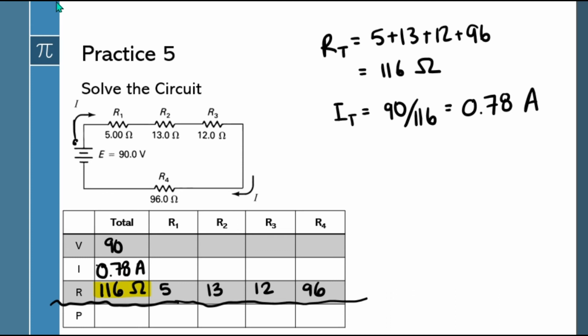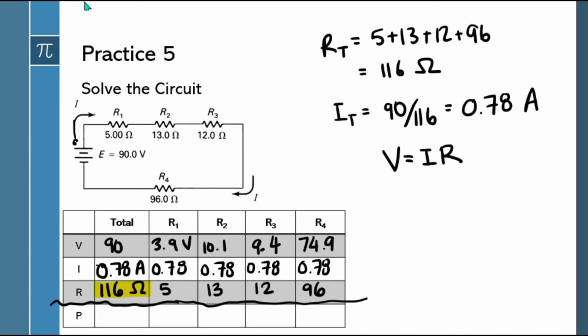It's the same everywhere, so boom, you've got all your information. And in order to find the voltage drop at each resistor, you're just going to do V equals IR. I've done that math in each of the columns to create all these values.